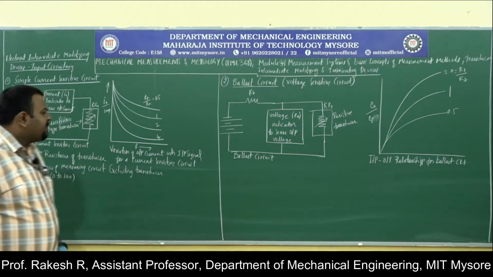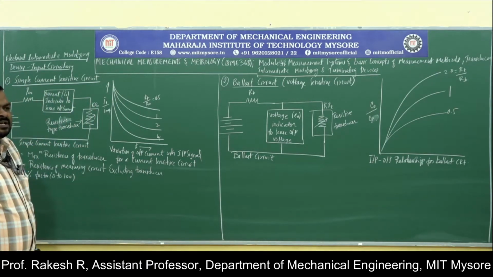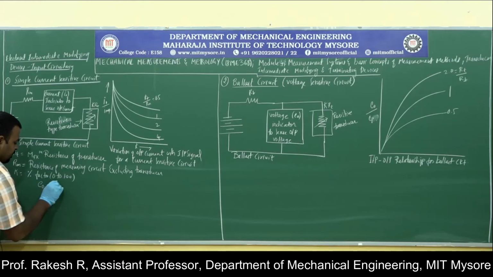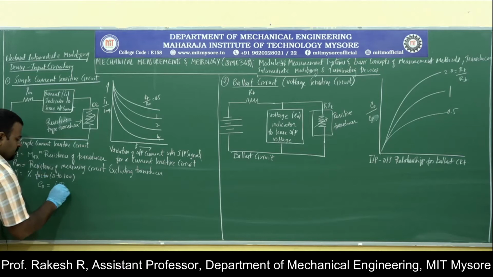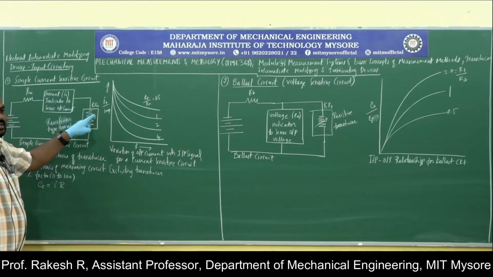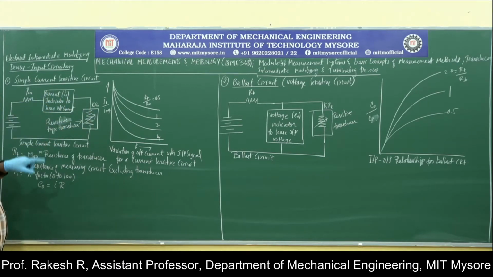First, Ohm's law states that the voltage is directly proportional to the current. So the output voltage, which I will call E0, will be equal to current into resistance. Here I have to consider the effective resistance in series. These two are in series, K RT and Rm.